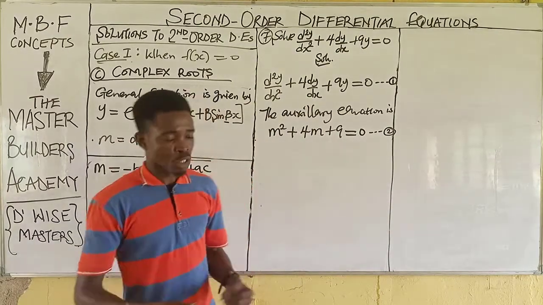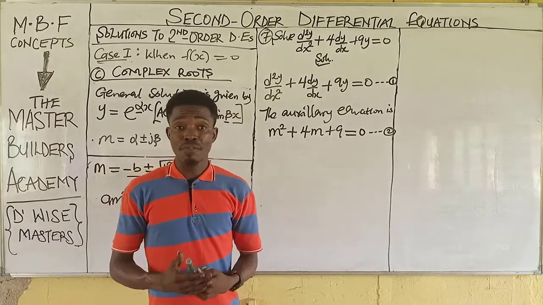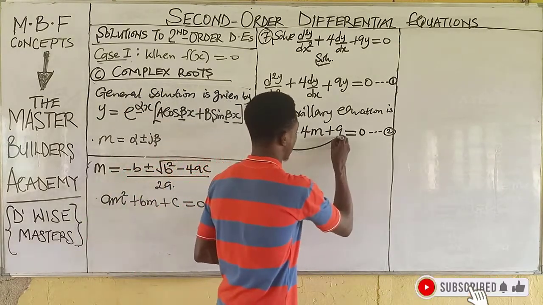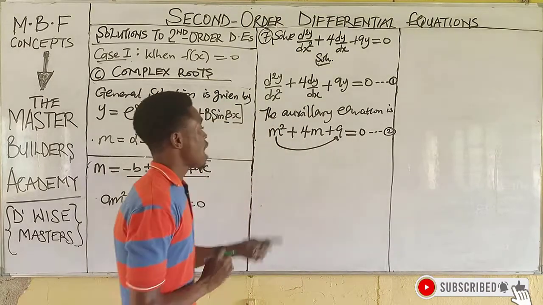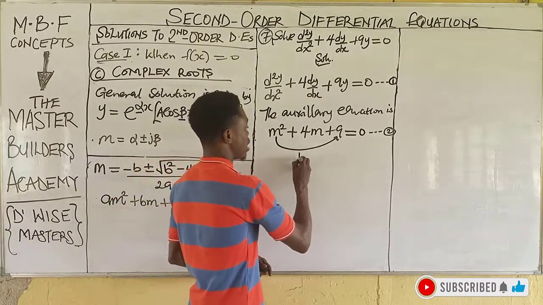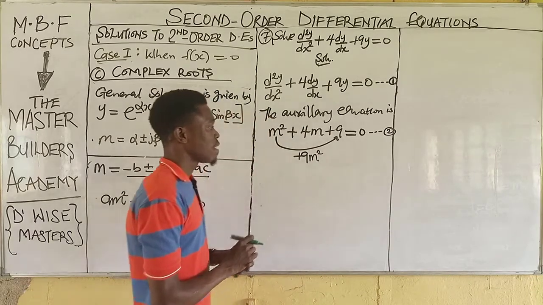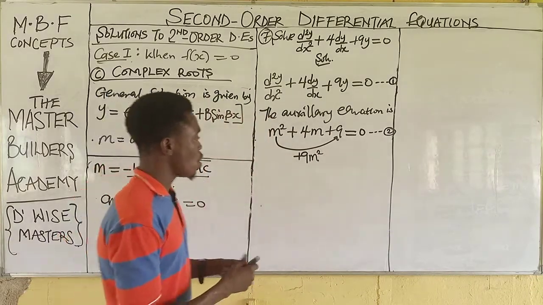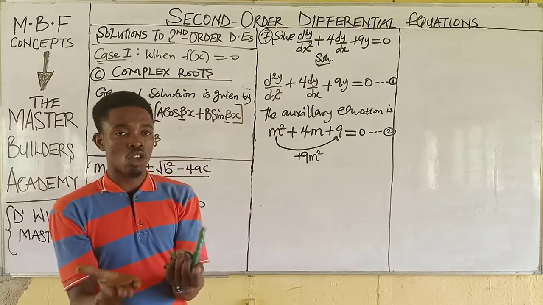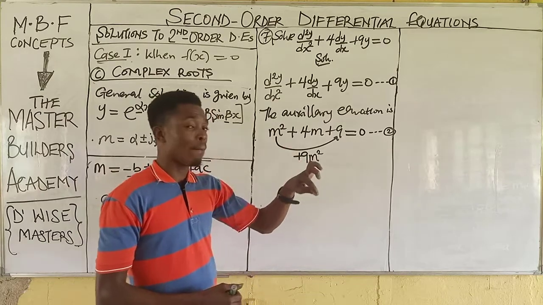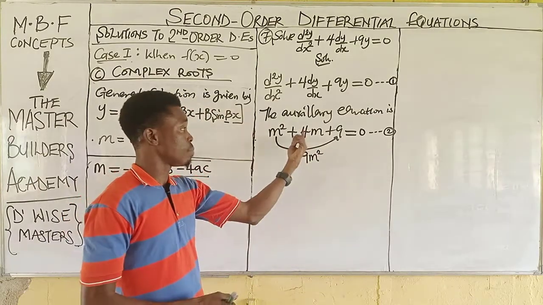Are you there? As usual, when we're using the factorization method in previous lessons, all we do is to have this multiplied by this. Is that correct? And when we multiply this guy by this last guy, this will have given us positive 9m squared, just as we have it here. Then the next thing we will quickly look out for are 2 factors such that their product will give us this, and the sum of the factors will give us the middle term.